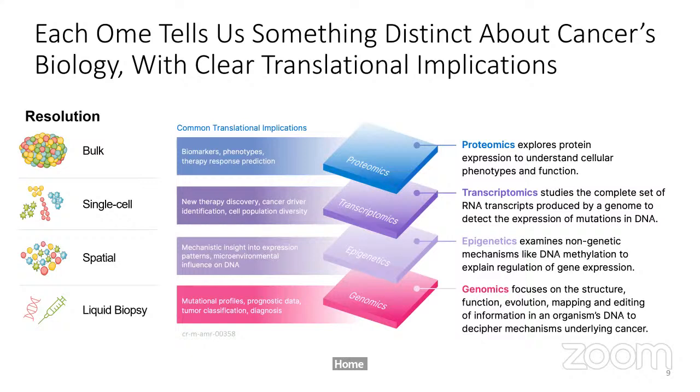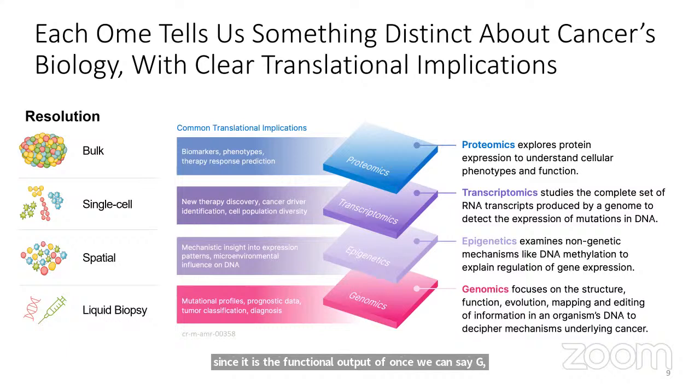The genome often provides mutational profiles that help predict patient diagnosis and prognosis, classify tumors into meaningful groups, or even diagnose cancers. The transcriptome, since it is the functional output of genes, can show us pathways that are up or down regulated in specific cancers.